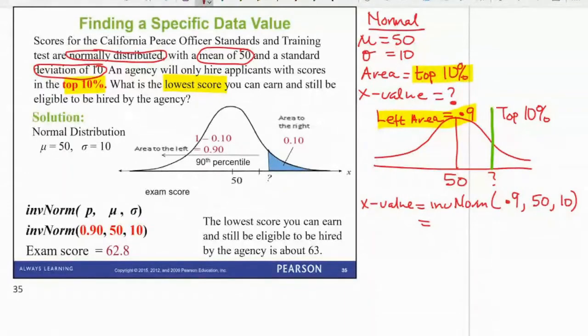Okay, very good. 62.82 is the answer. Very, very good. All right, so what we did, they are all here. So the lowest score that you need to be in the top 10%, especially for this particular example, is roughly about 63.